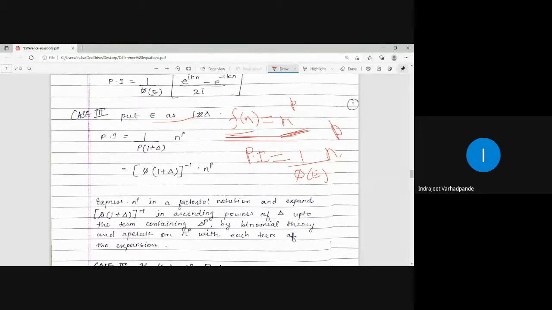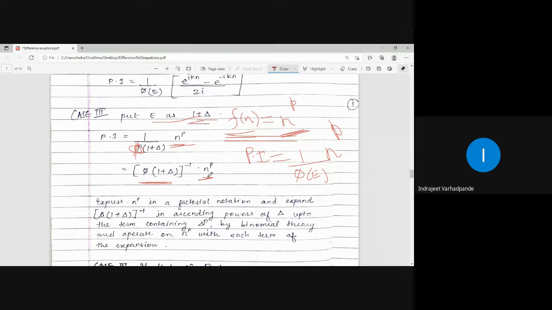This E is to be substituted as 1 plus delta. Whenever this E is substituted as 1 plus delta, this can be written as phi of 1 plus delta into n to the power p. Take this to the numerator by raising the power as minus 1. So we get phi of 1 plus delta raised to the power minus 1 to be operated on n to the power p.